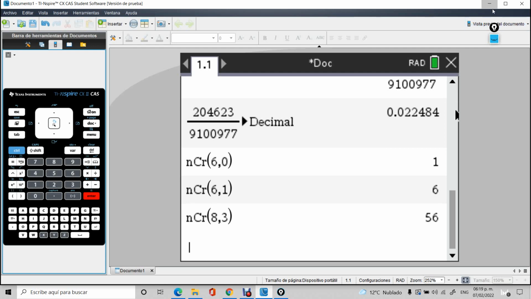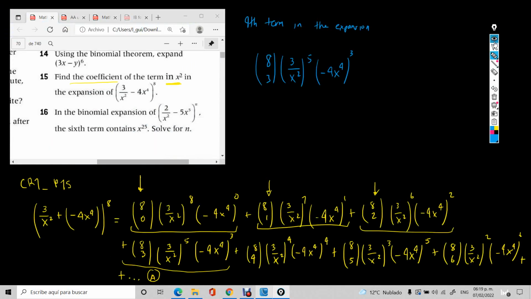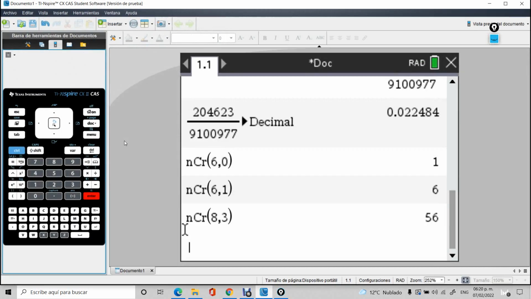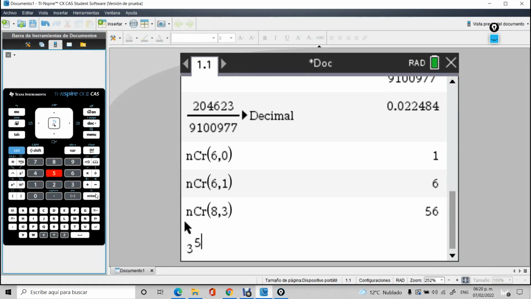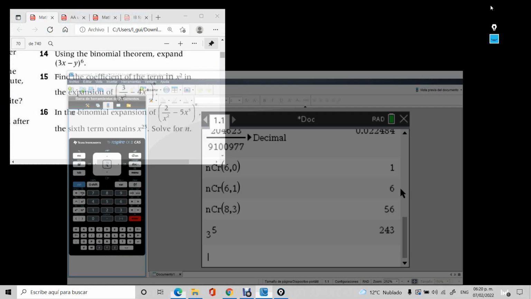It's 56. Okay, let's bring that number over here. So this is 56. And then just raise this fraction to the fifth and this other factor to the 3. 3 to the 5. How much is that? Let's find out. 3 to the 5. 243.